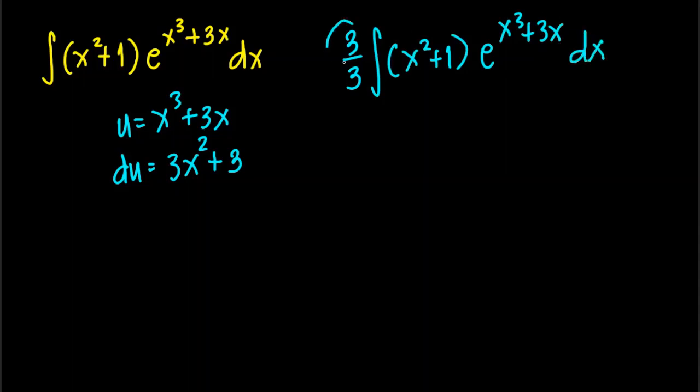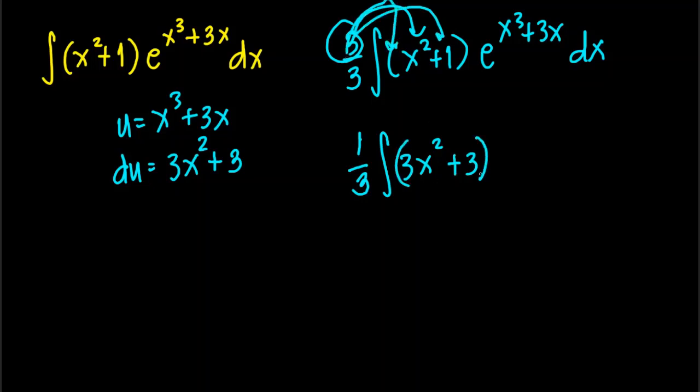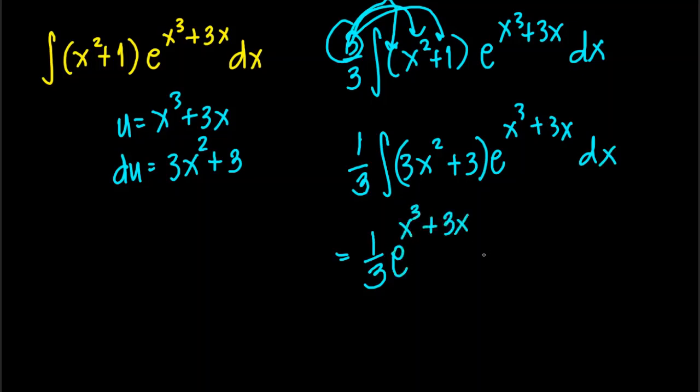Okay, so this 3 multiplied here, we are left with 1/3. 3x squared plus 3, distribute the 3, 3x squared, 3. Then e raised to x cubed plus 3x dx. And finally, our answer is 1/3 e raised to x cubed plus 3x plus c.